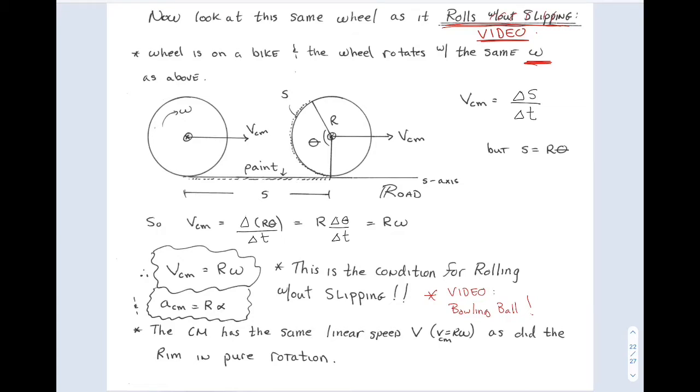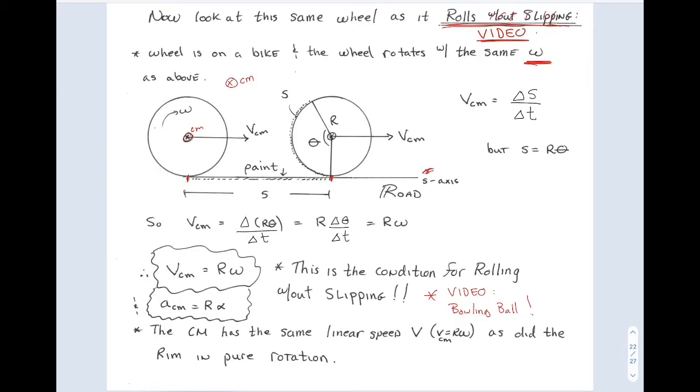So I have the wheel, and here's the center of mass. Remember previously, a little X with a circle is the center of mass. This thing is moving to the right, and let's say the center of mass goes from that point on the road to that point on the road. I'm not calling this the x-axis, I'm calling it the s-axis.